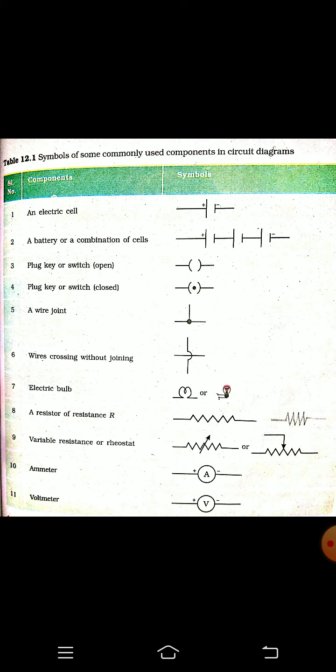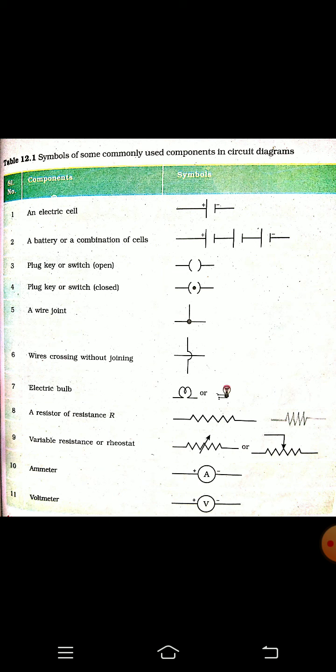10th number is ammeter, which is shown in the figure. This is how to draw an ammeter when we draw a circuit diagram. Remember, what is an ammeter? It is an instrument to measure electric current. Last is voltmeter.